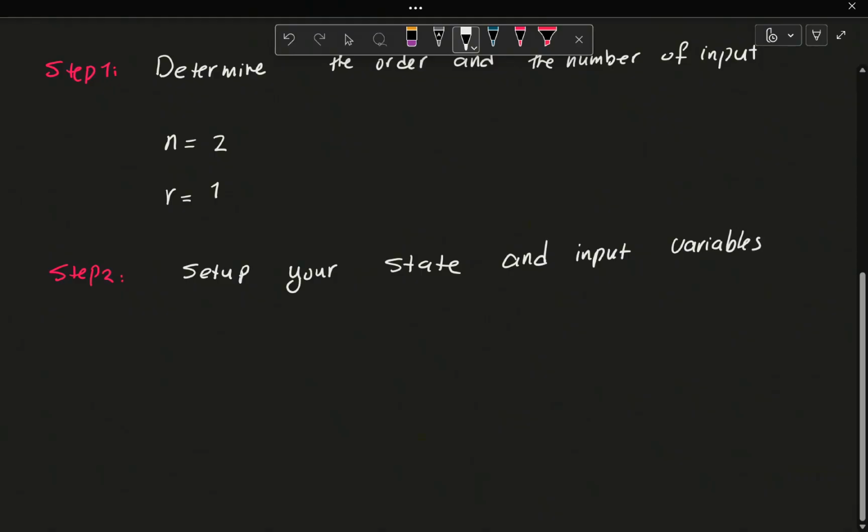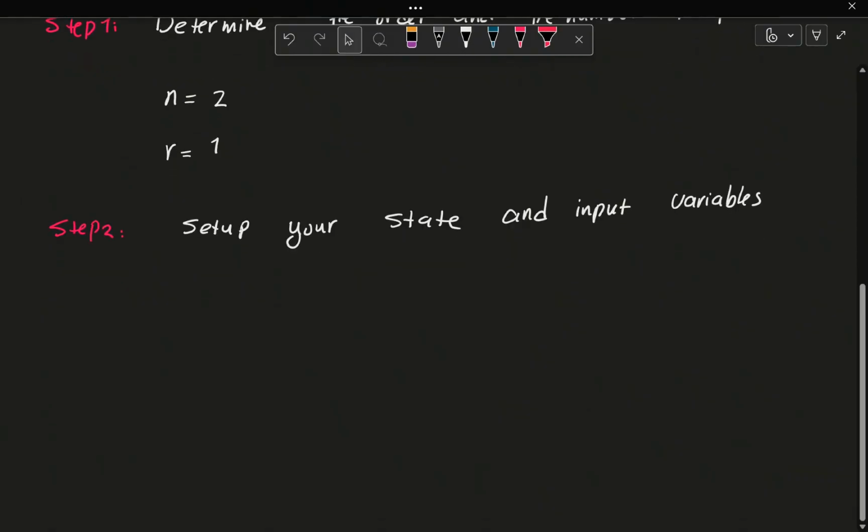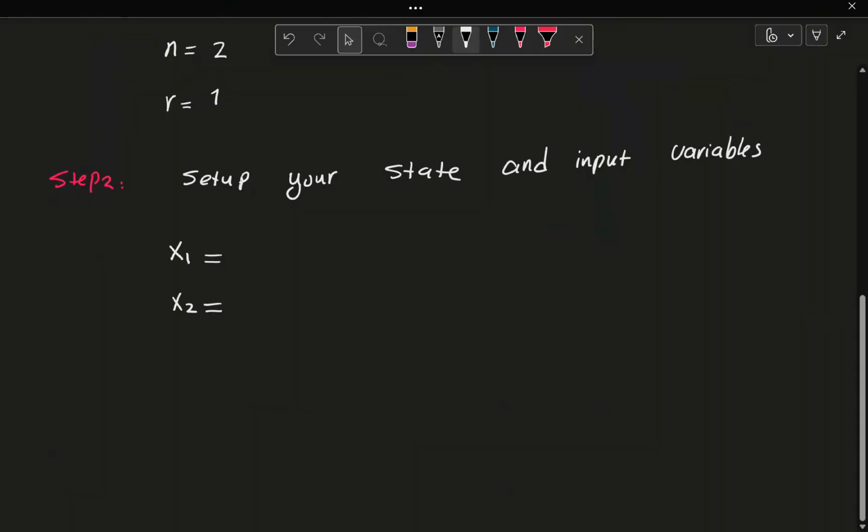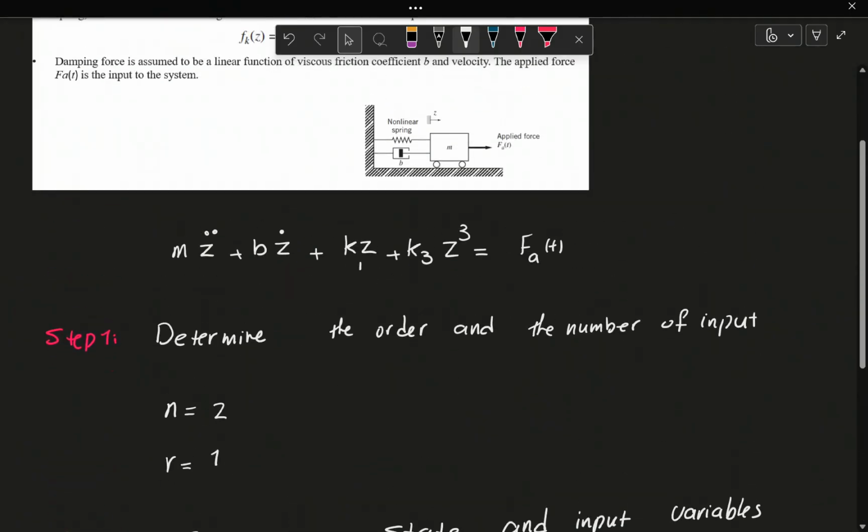I have 2 states here because the order of the system is 2, so I would have x1 and x2. I need to figure out what they are. My input is only one input, and I'm just going to call it u. Let's determine the states.